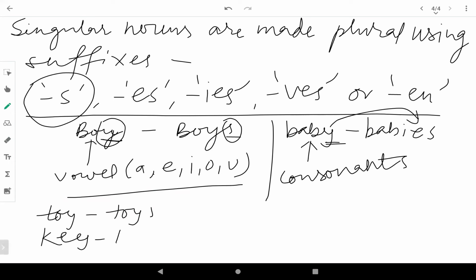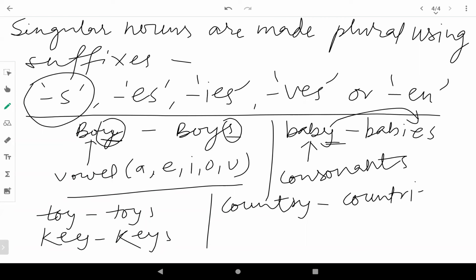Key, plural will be keys. But country, you look at this word, y is ending, but it is preceded by r. R is a consonant, so plural will be countries. So such things we have to keep in mind.